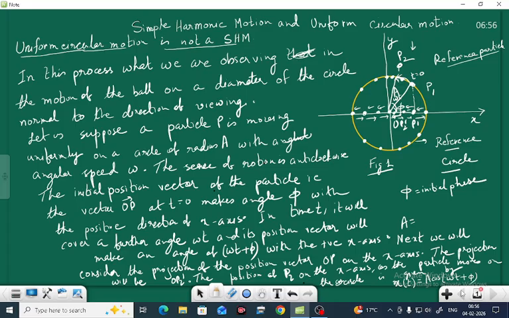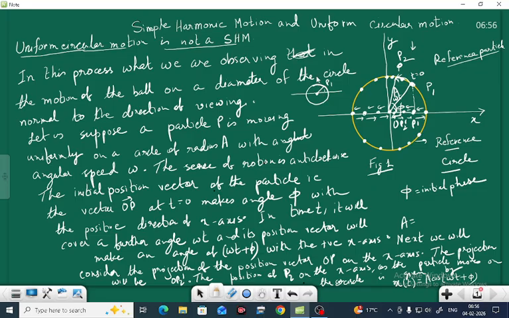How? We are explaining this again. So this is a circle, and this is the x-axis, right? A particle was here. This is the center. So the particle's initial phase is this one. This is P1. The projection will be here, right?